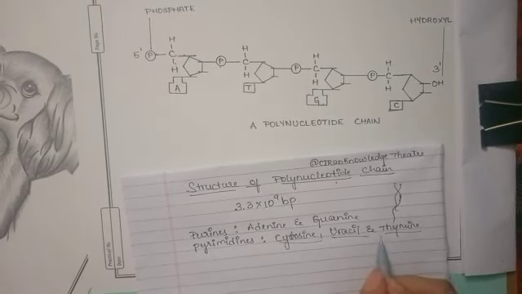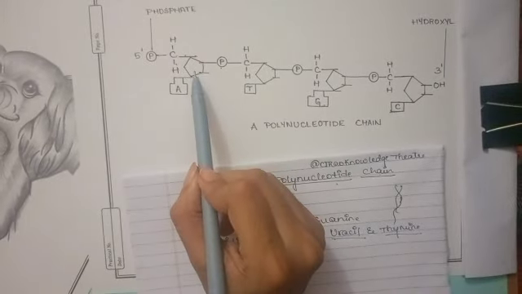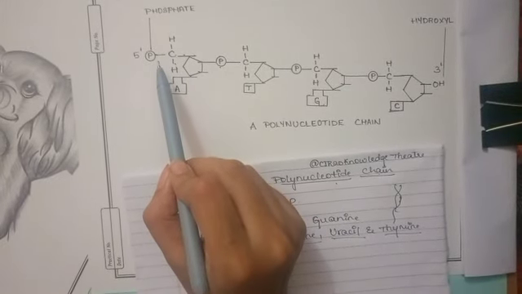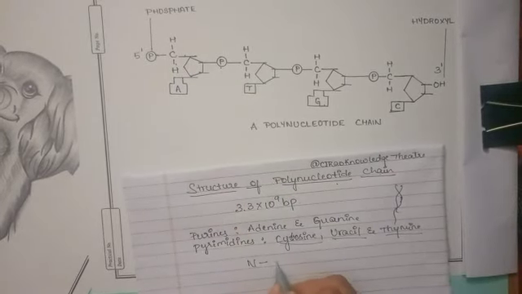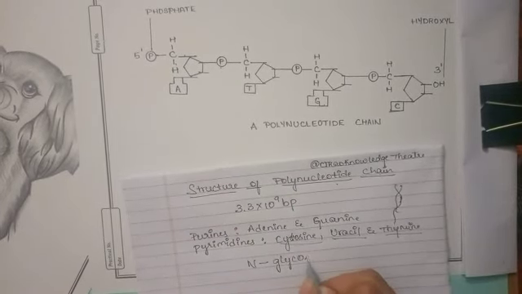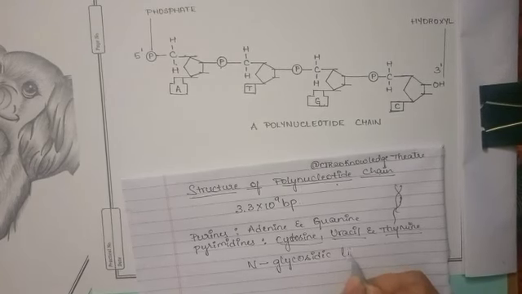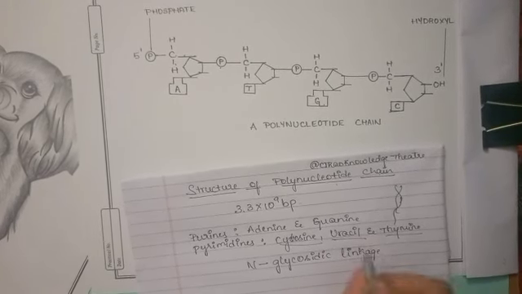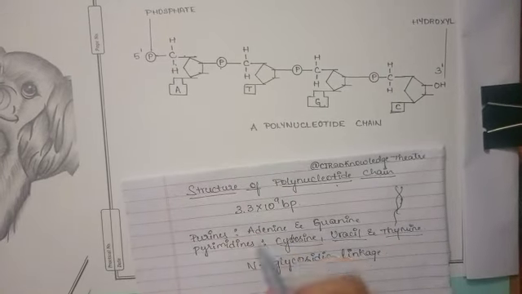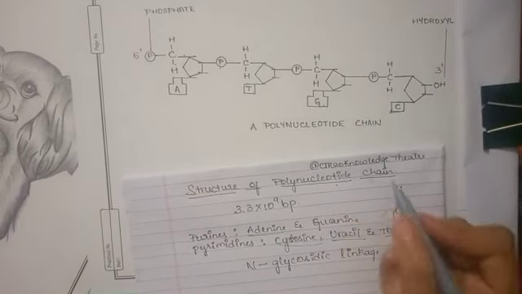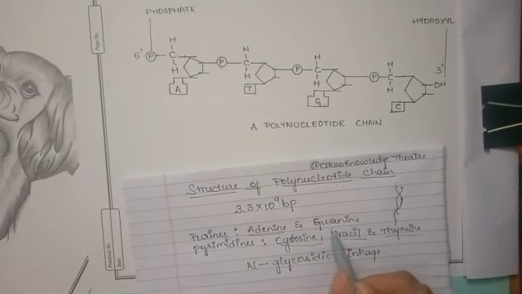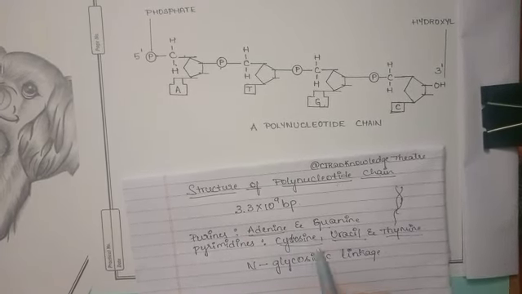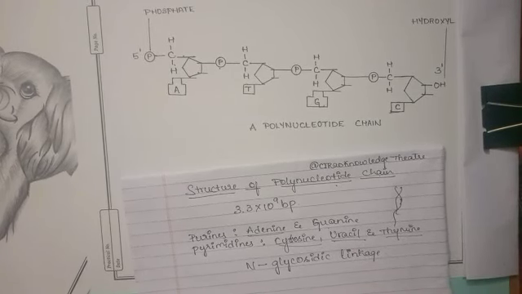A nitrogenous base is linked to the pentose sugar through an N-glycosidic linkage to form a nucleoside, such as adenosine or deoxyadenosine, guanosine or deoxyguanosine, cytidine or deoxycytidine, and uridine or thymidine, that is deoxythymidine.